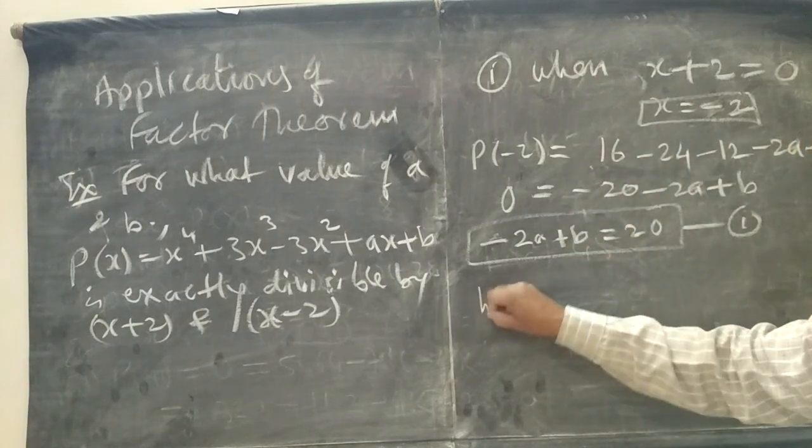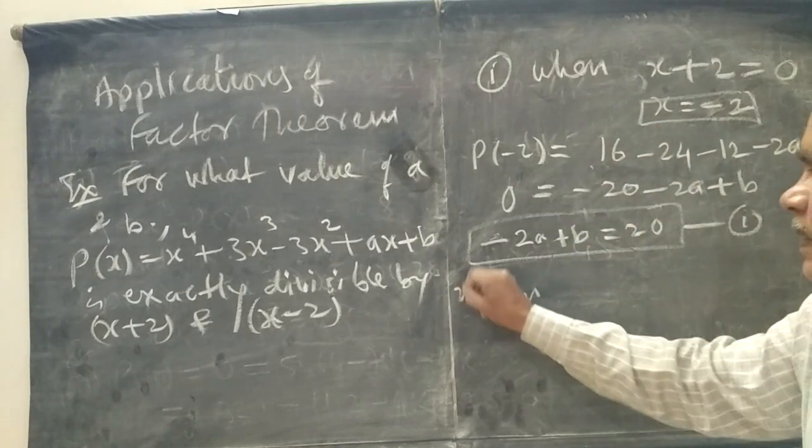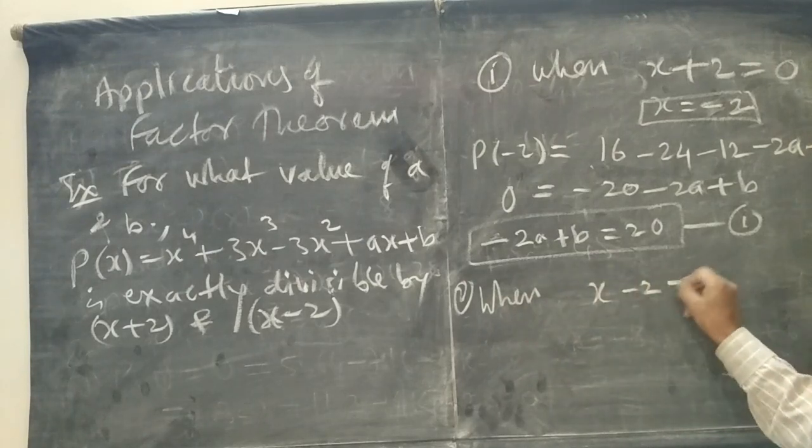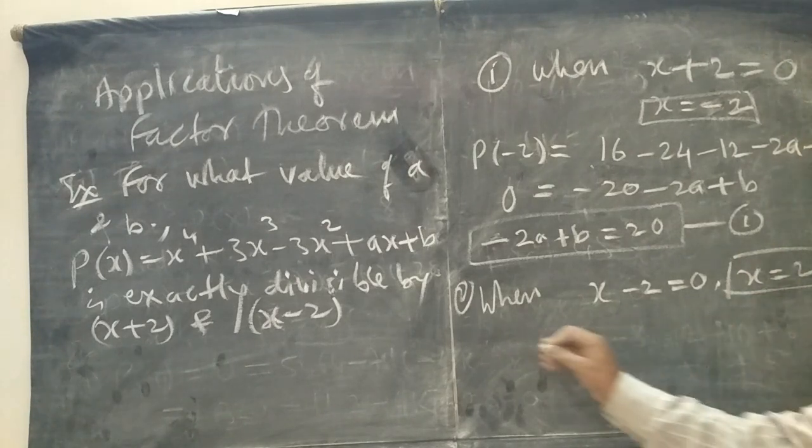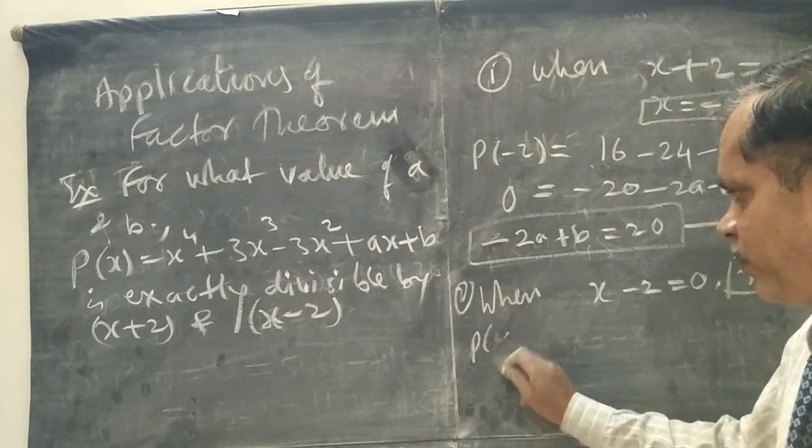Now when the second, x minus 2, equals 0, x equals 2. Similarly find p of 2.